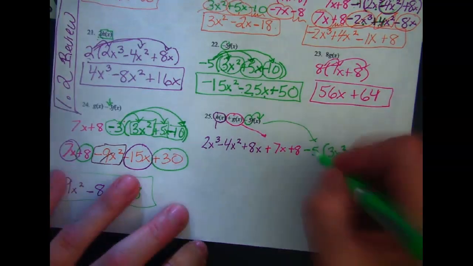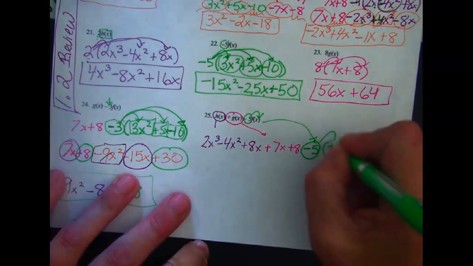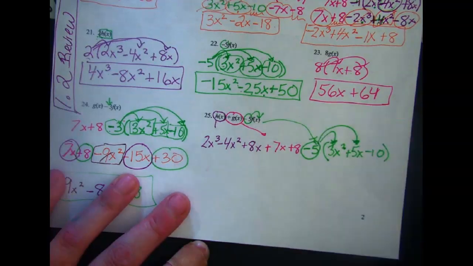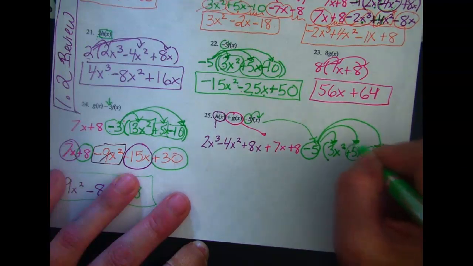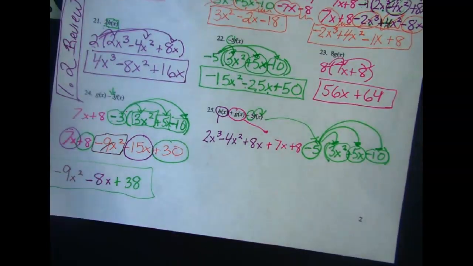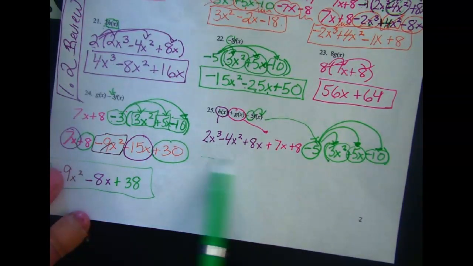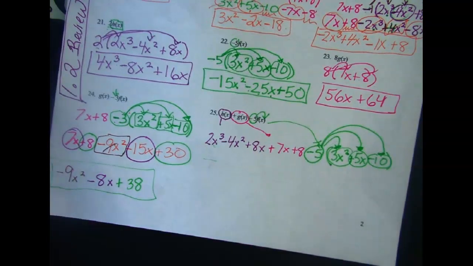So I would tackle this part first, this -5 times the 3x squared plus 5x minus 10. So you have to be careful, the sign in front matters. So go ahead, I want you to give that a try and then rewrite what we would have. So this stays the same. And then I want you just to distribute and see what you come up with.